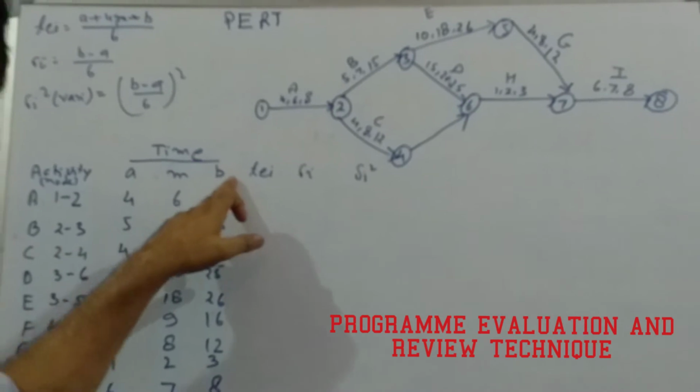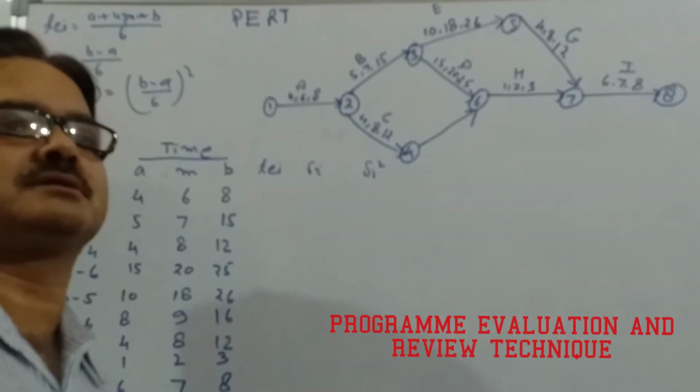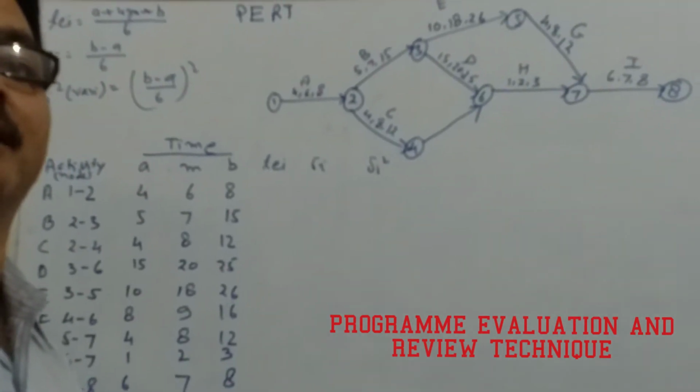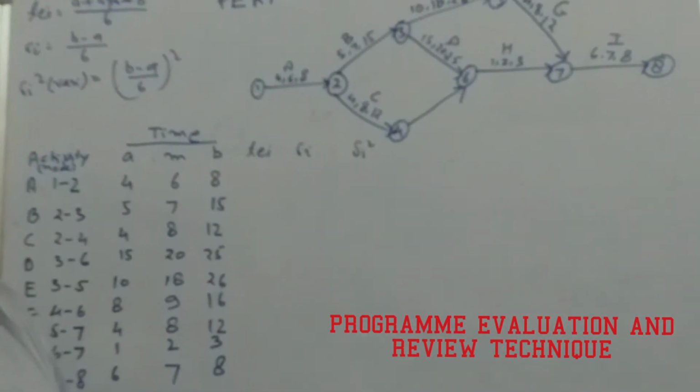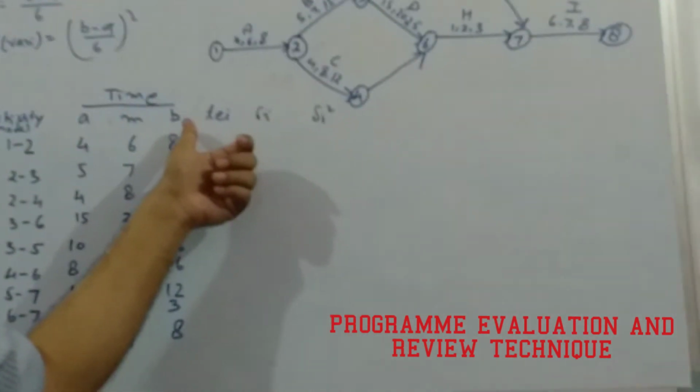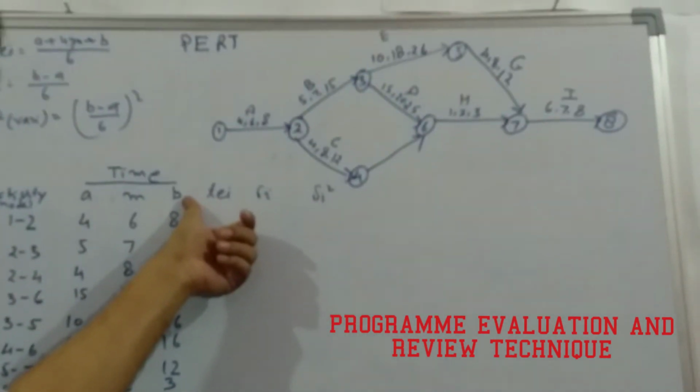And B is the most pessimistic time, meaning those who are lethargic or may take a longer period of time. So that is the most pessimistic time, which is the longer in duration.